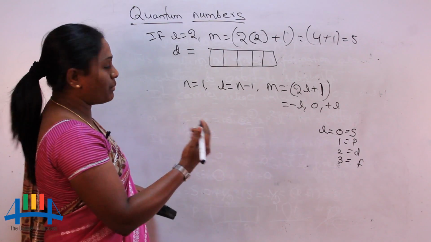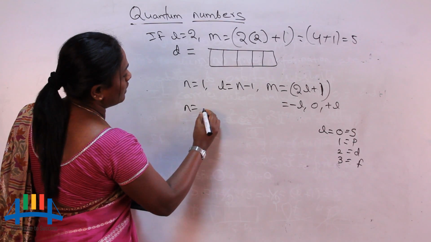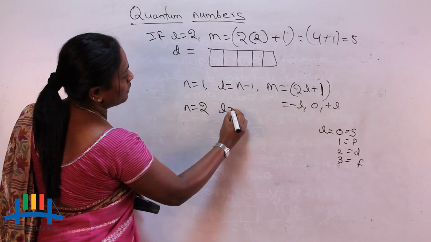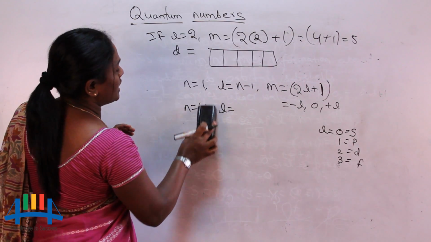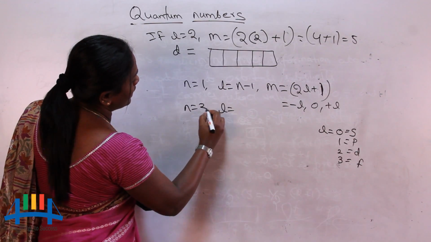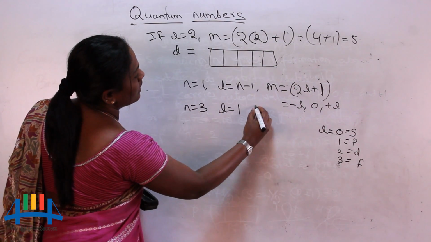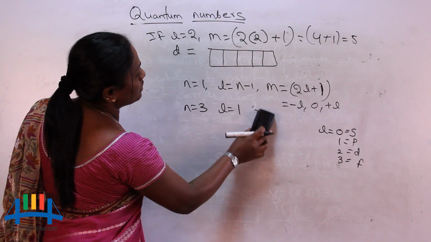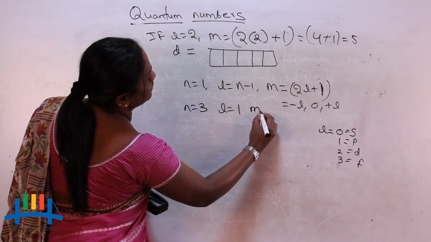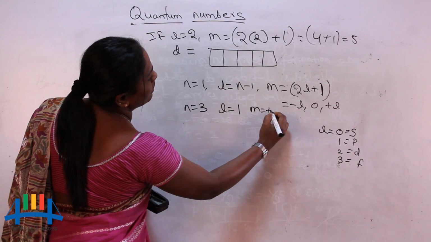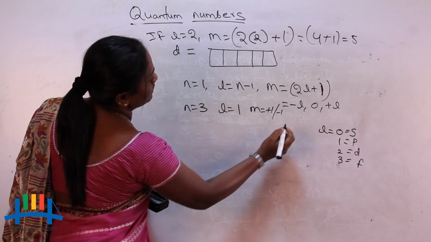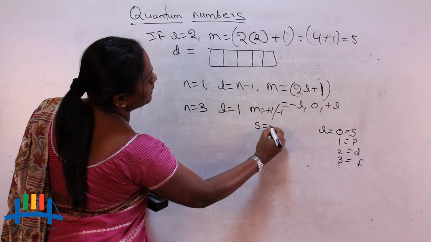And the next example: just take N equal to 3, L equal to 1, M equal to plus 1 or minus 1, and S equal to plus half.